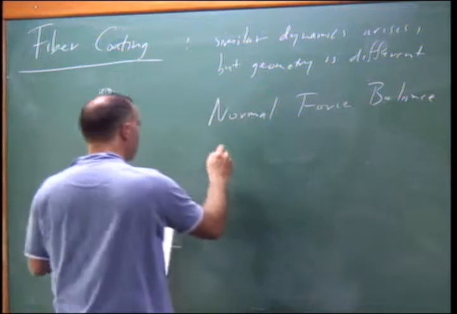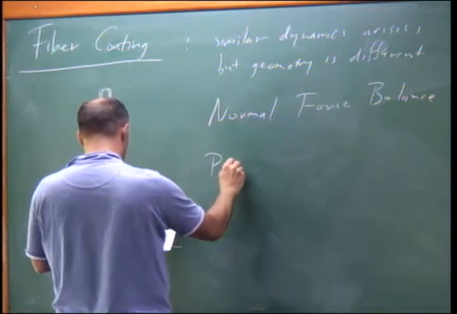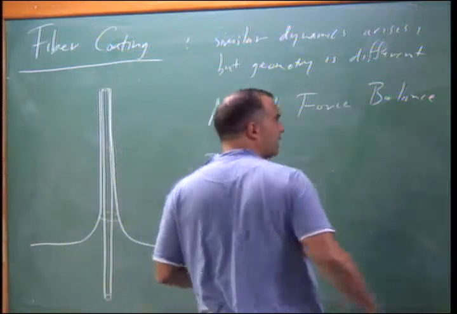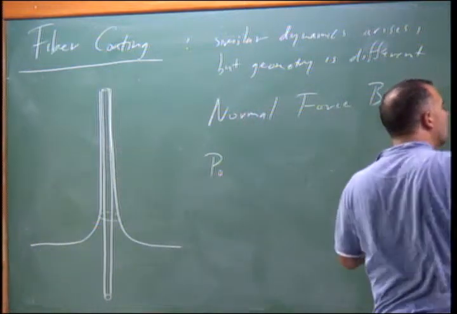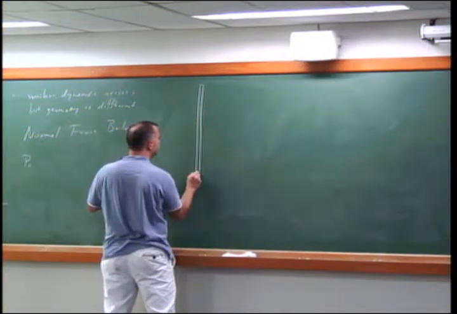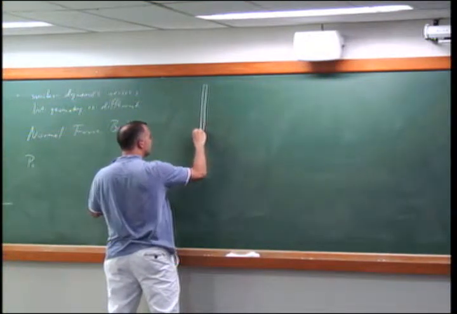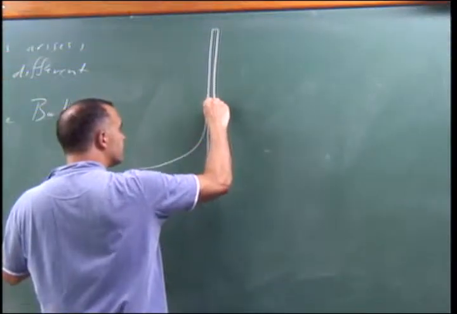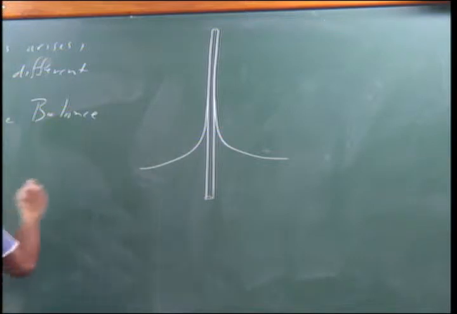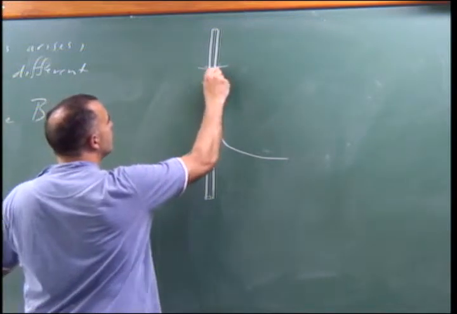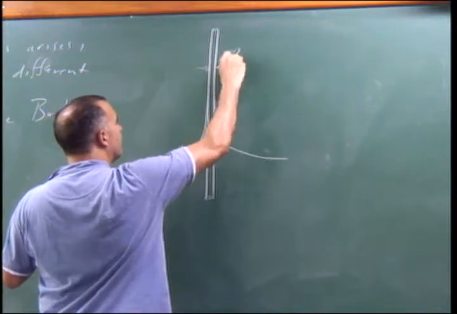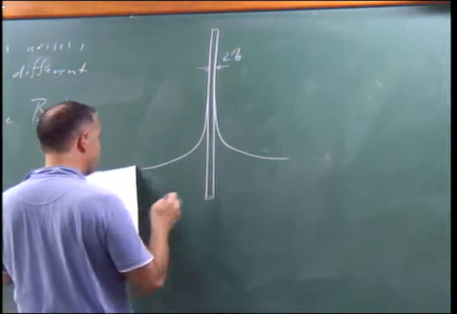So we can define. So if we just look at the static case. So this is the radius B of the fiber.